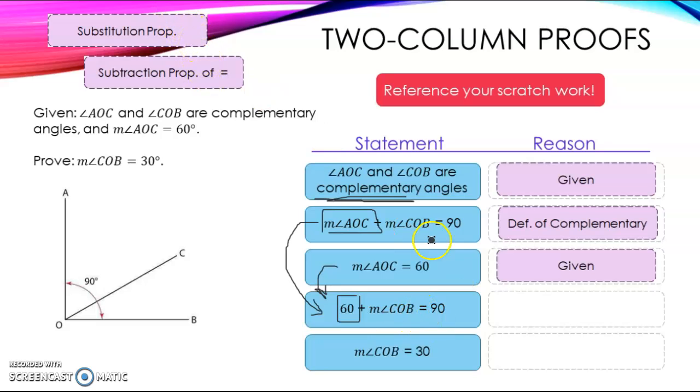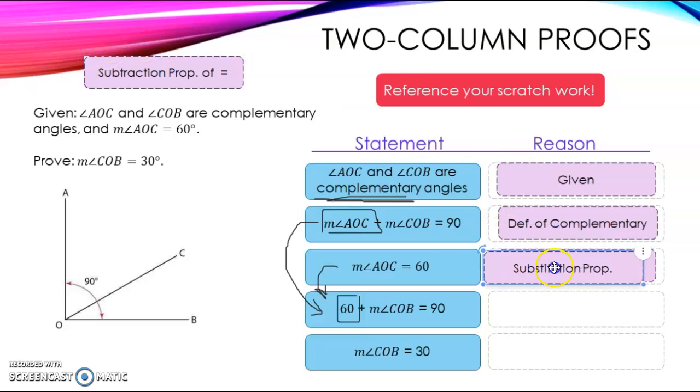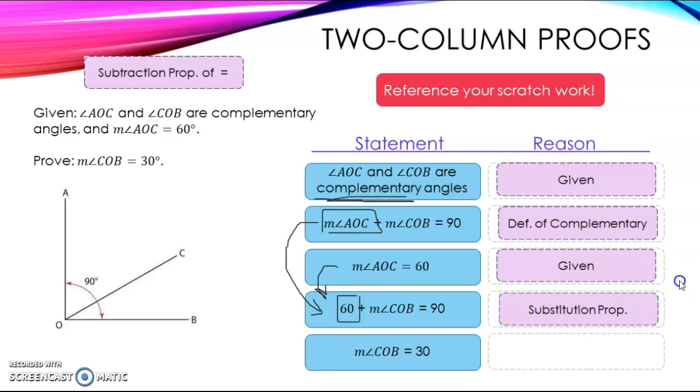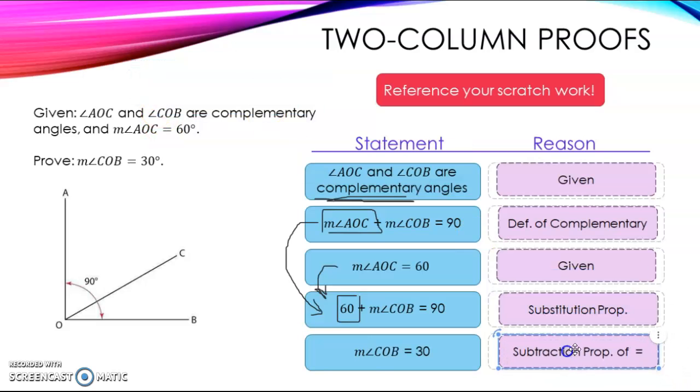We were using substitution. We're substituting 60 for angle AOC. And then there's only one left, the subtraction property of equality. They really just subtracted 60 from both sides to solve this equation to get that COB is 90 minus 60, which equals 30. And that's a basic start to writing a two-column proof.